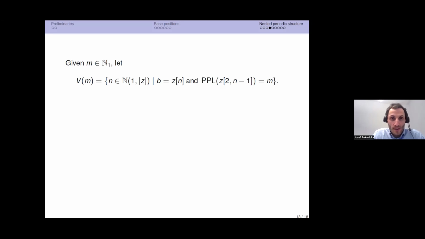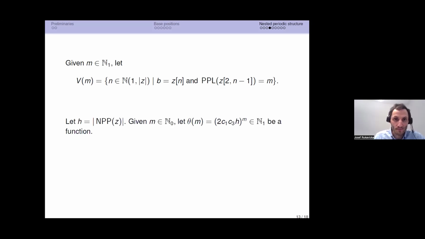So if I have m palindromes, I can concatenate them, and the length of this concatenation is in the set Vm. This is where I come to the proof from the paper from 2013. I will show that using this set Vm, I cannot cover all the base positions. So Vm are the positions that can be covered by concatenation of m palindromes.